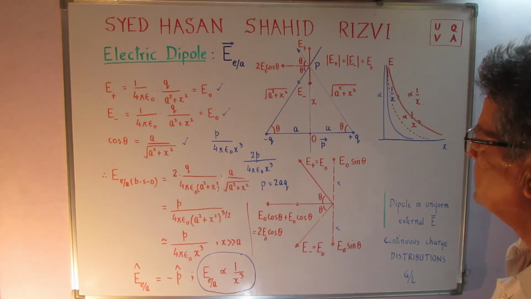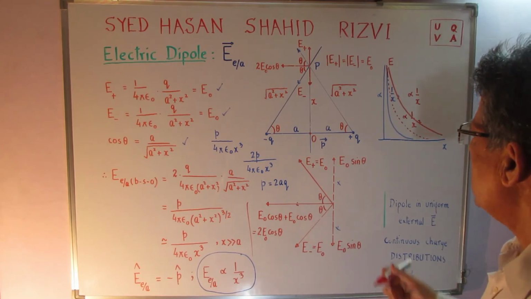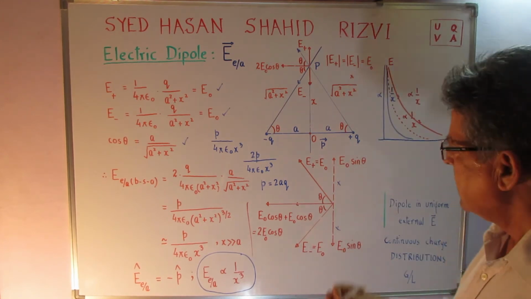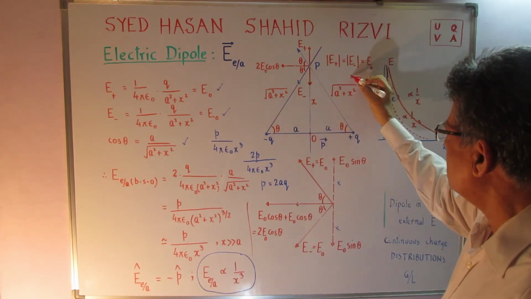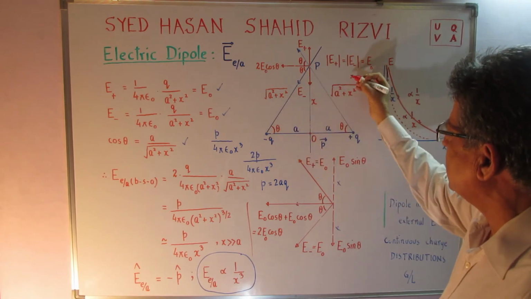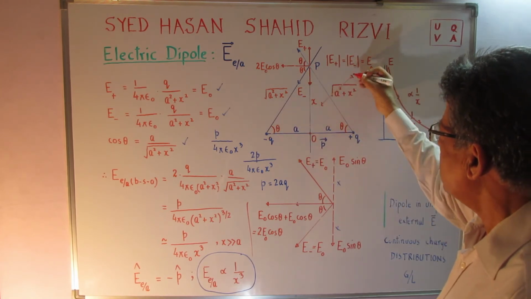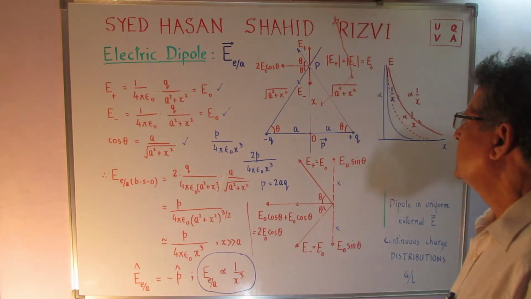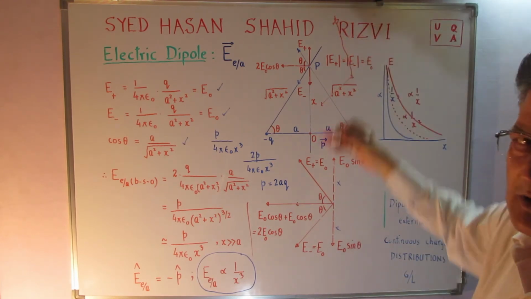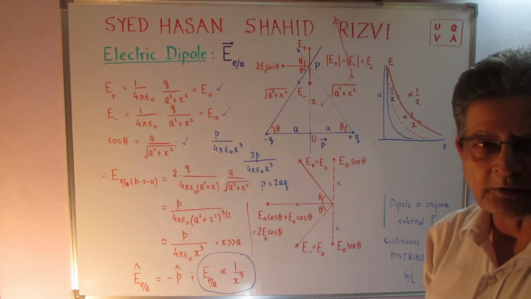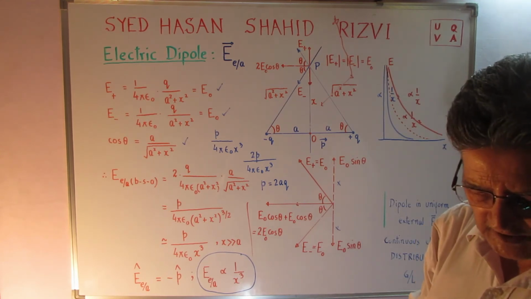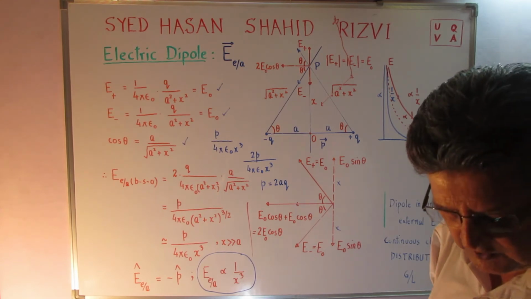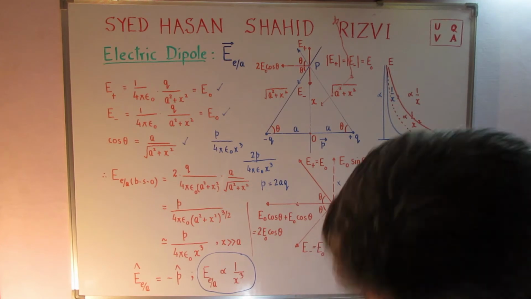Of course, I can take any point, for example here, and then calculate the field due to the negative charge like this, and the positive charge like this, and then take the resultant and calculate it in terms of the angle, etc. Geometrically it is also possible to do it analytically using the mathematical tools.